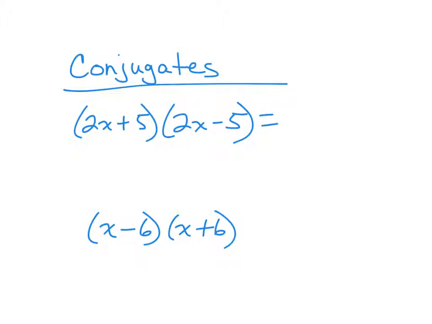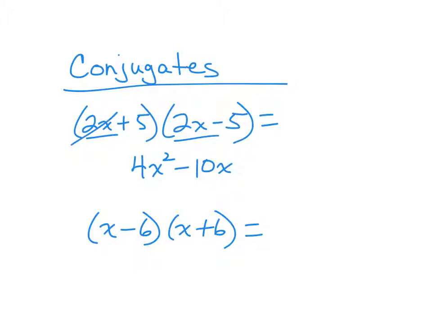Now, we're going to have a shortcut in a moment for multiplying conjugates. But I'd rather you figure it out for yourself than me tell you. So let's do these the old-fashioned way first and see if we see a pattern develop. 2x times 2x is 4x squared. 2x times negative 5 is negative 10x.